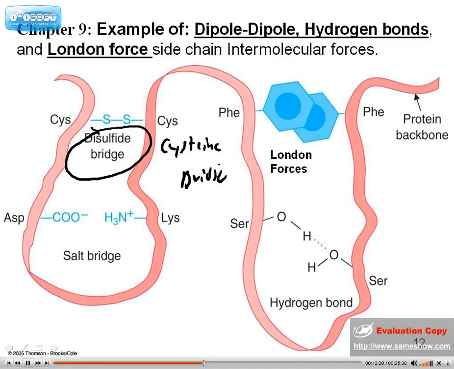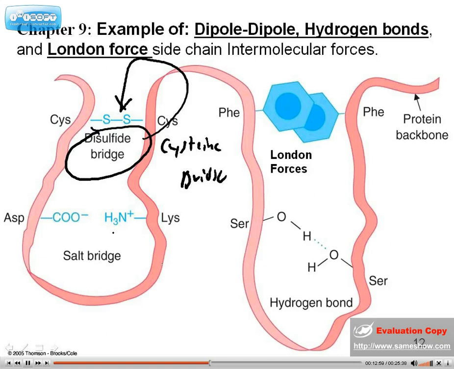So we never really use the term covalent bonds, we use disulfide or cysteine bridges. Why? Because they're two sulfurs that come together from two different cysteines to form a permanent cysteine bridge. So we talked about cysteine bridges when we talked about hair and how various strands within the hair itself actually bond together via cysteine bridges.